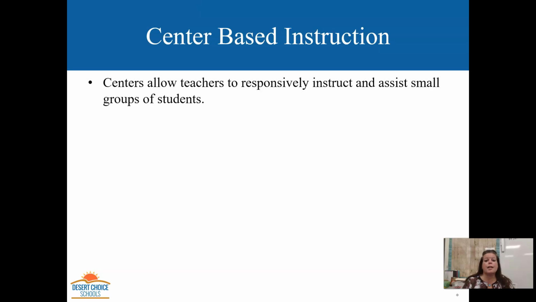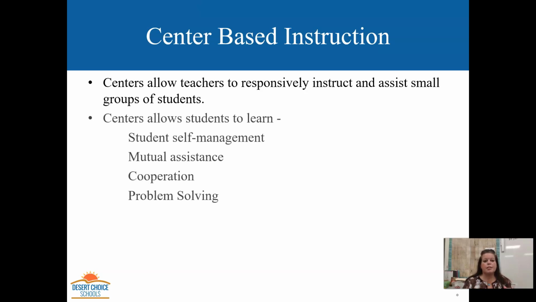Centers allow teachers to responsively instruct and assist small groups of students. Okay, here at DCS, we only have a max of 12 students per class. So we're talking groups of 4 students in each group. So you have 3 groups, 4 students in each, okay? It's perfect. Centers allow students to learn self-management, mutual assistance, cooperation, problem solving.